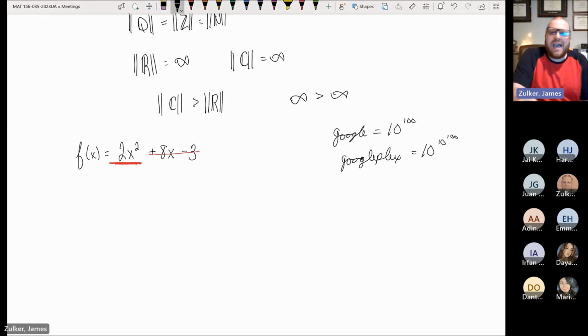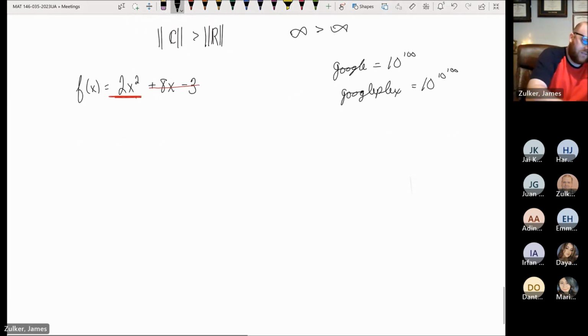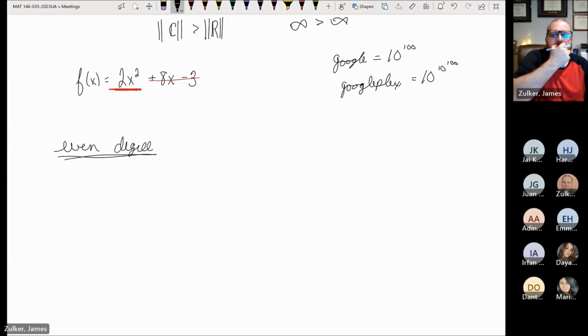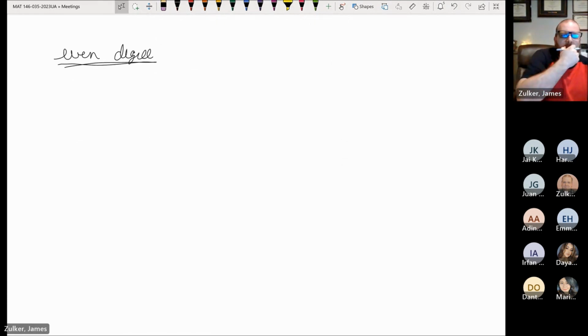We have two cases: the degree is even or the degree is odd. Even degree. We're going to look at the power function x to the n.